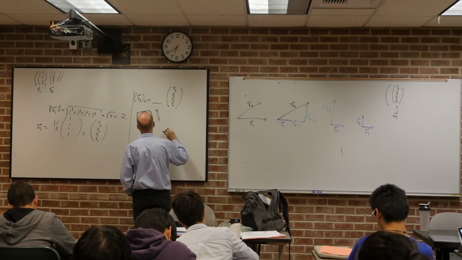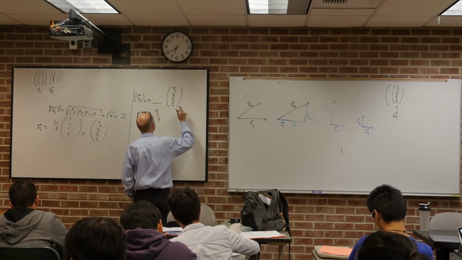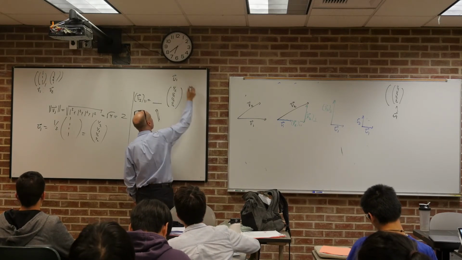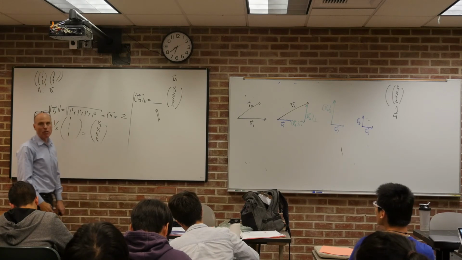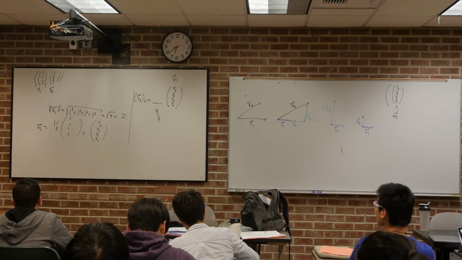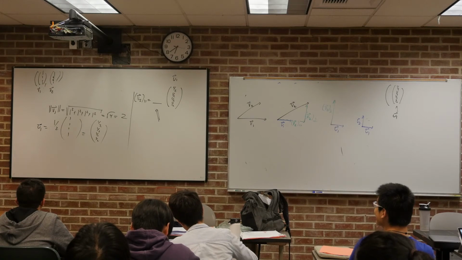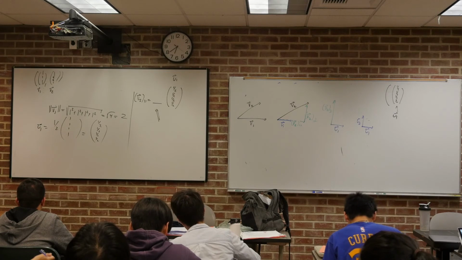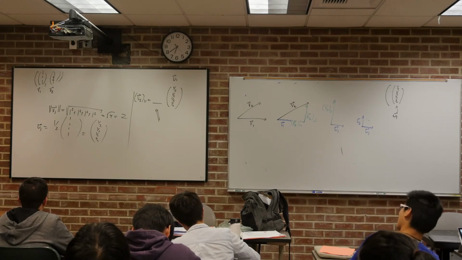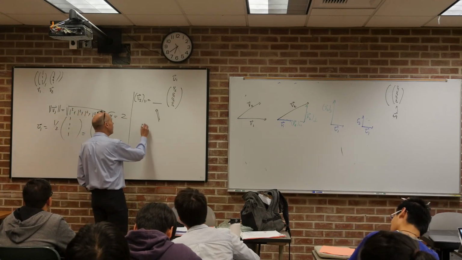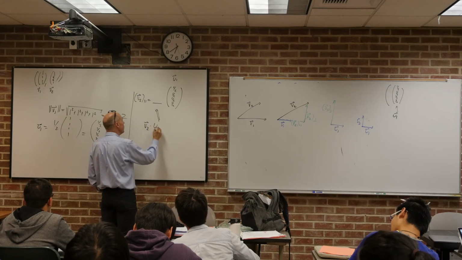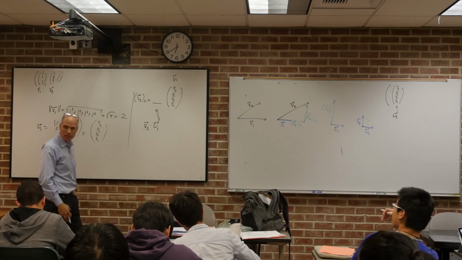As long as that's a unit vector, do you know the shortcut for figuring out the scalar needed for the projection? Good. It's going to be V2 dotted with U1.